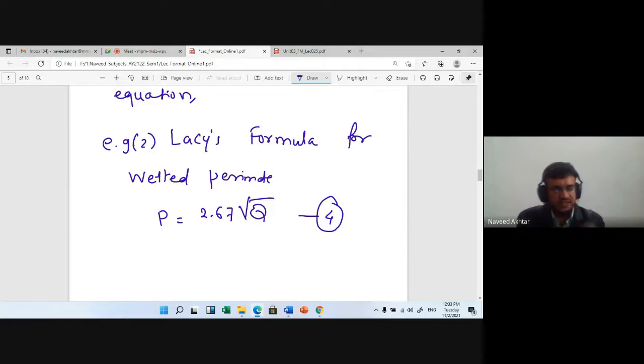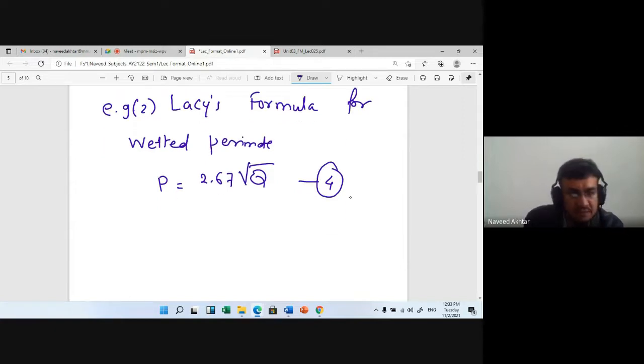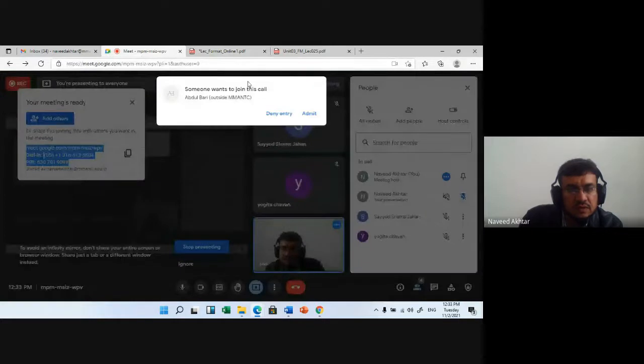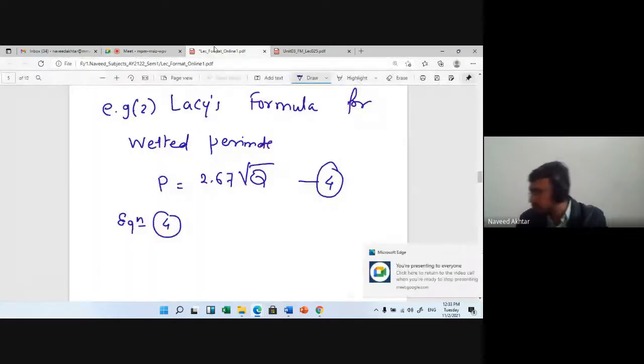So here you can see that P is the wetted perimeter, equation number 4.